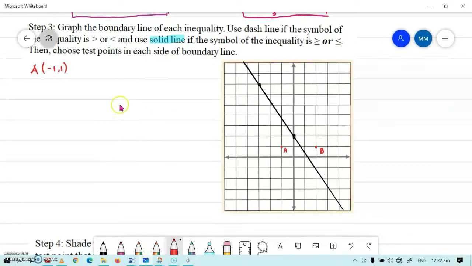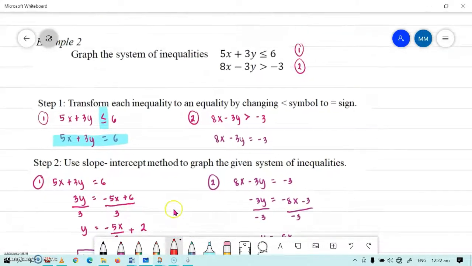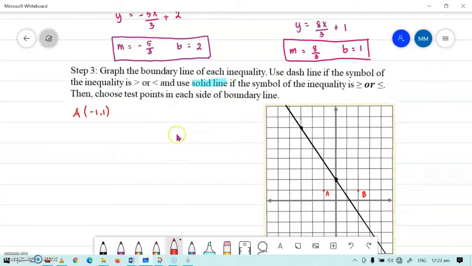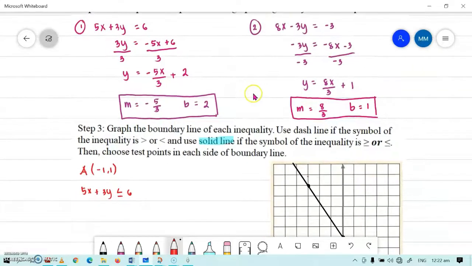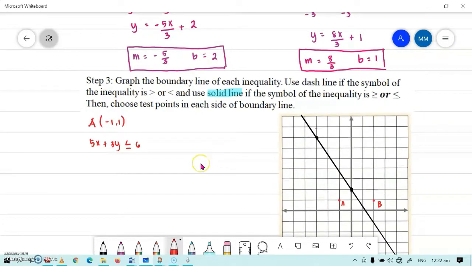So going to our first inequality, 5x plus 3y is less than or equal to 6. Alright, so substitute now.